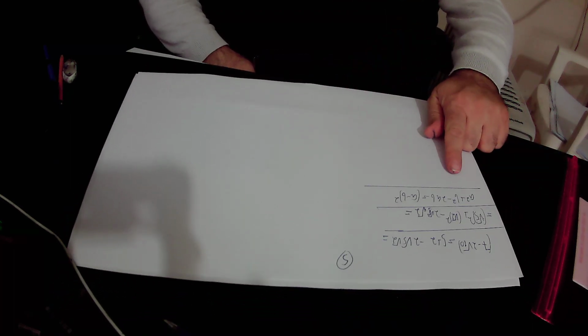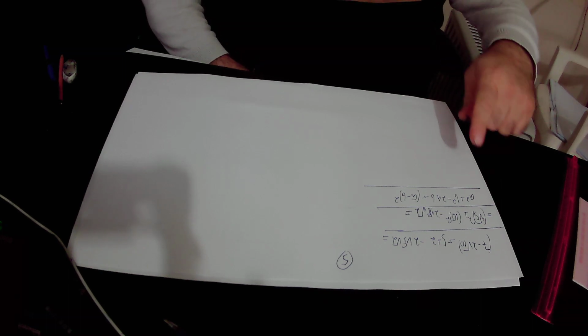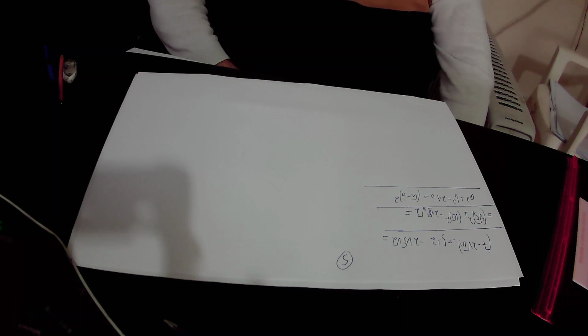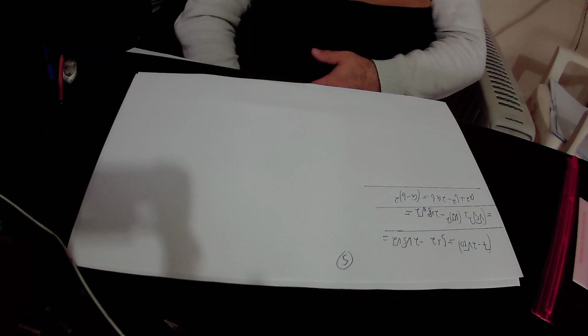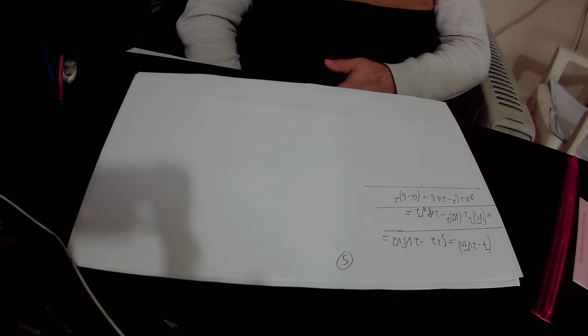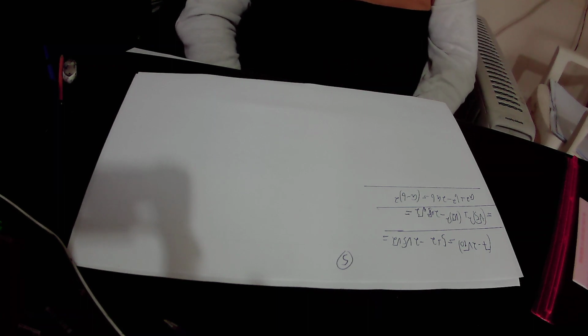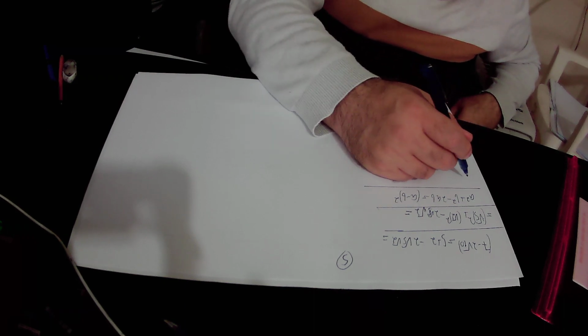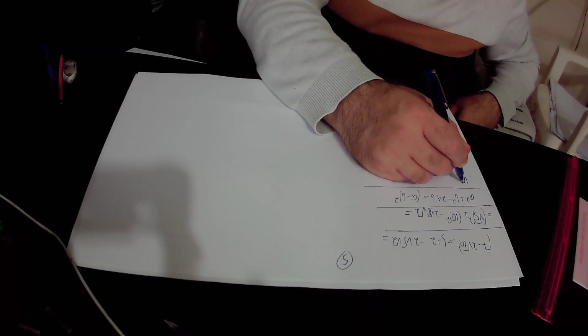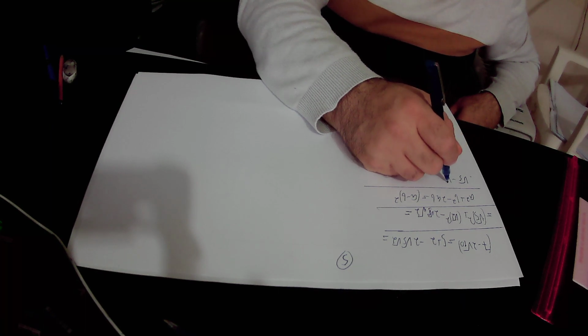So according to this algebraic identity, we can substitute this expression by (a minus b) square, that is to say by (square root of 5 minus square root of 2) square, because a equals square root of 5 and b equals square root of 2. So we'll do it now, and we'll get that (square root of 5 minus square root of 2) square.